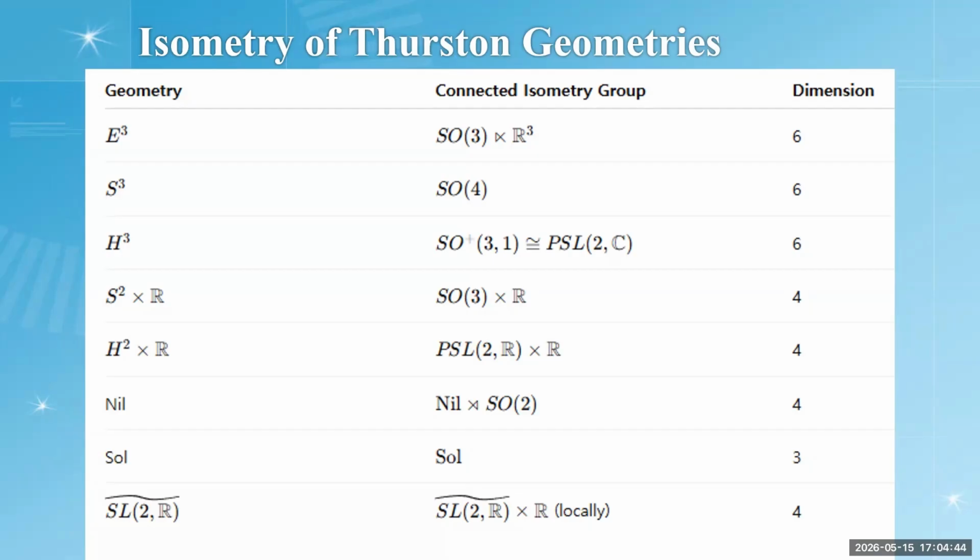Then the dimension is 4. Only 4 generators are enough to describe this space. And then this Nil space, Sol space, SL2R, the number of generators is 4, 3, 4, okay? But we need the dimension of the Lie group, not the rank of the Lie group. Dimension of the Lie group, sorry.